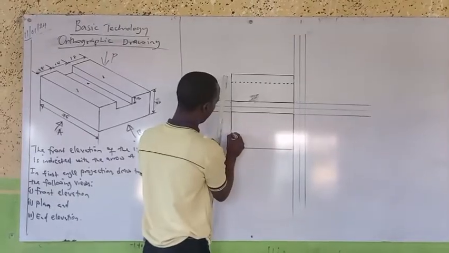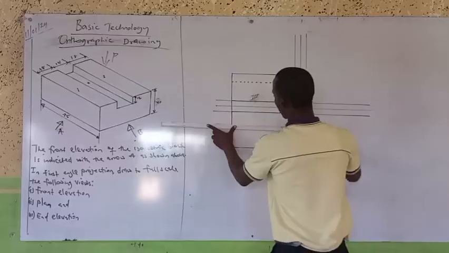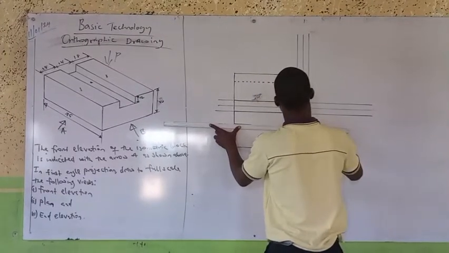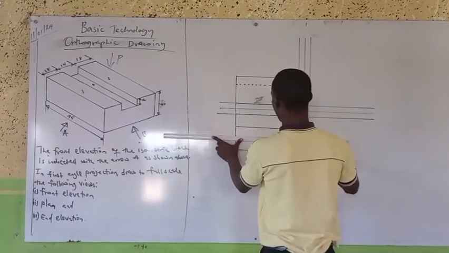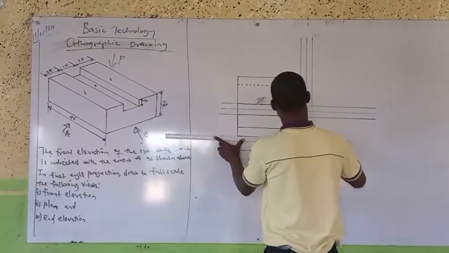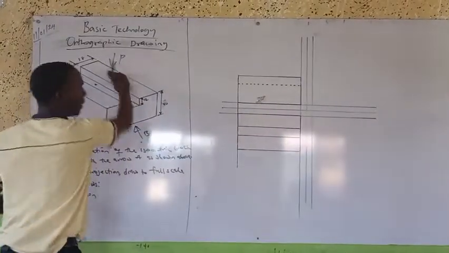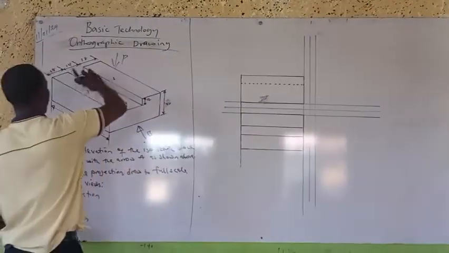I get my 14. Bring it out. That is it. And finally, we have the other one. This place is this place. Here is here. This point is this place.